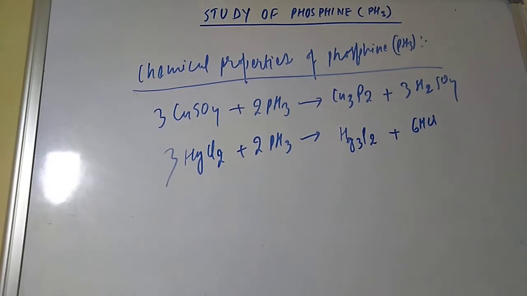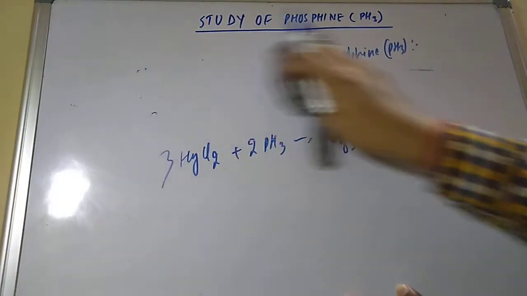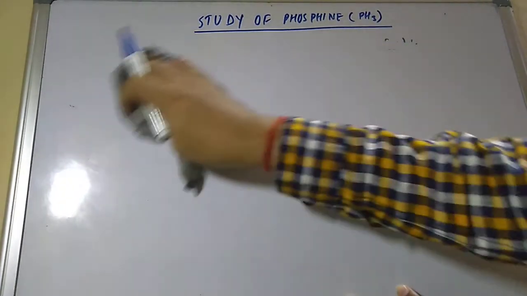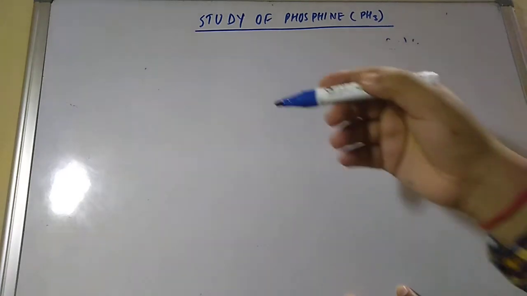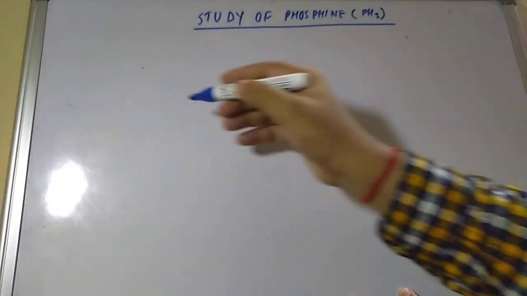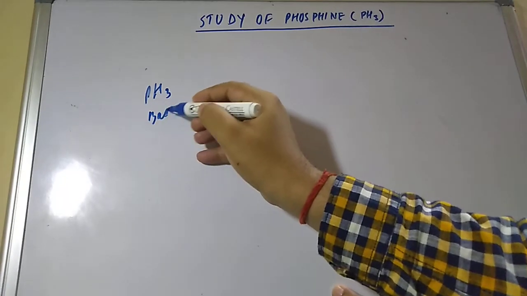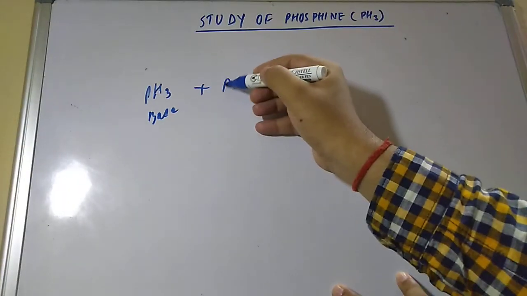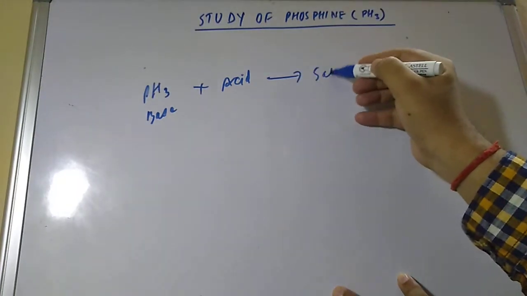Now we have to understand the basic character, with the help of equations. PH3, I said, is a base. It reacts with acids and forms salt.